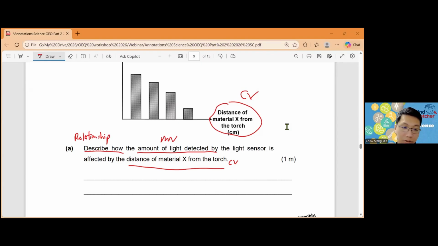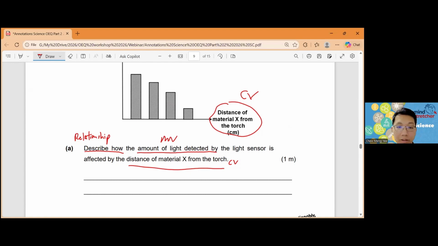You can use either as something increases, something decreases, or you can say the greater the distance, the lower the amount of light detected by the light sensor. You must use all those comparative terms.